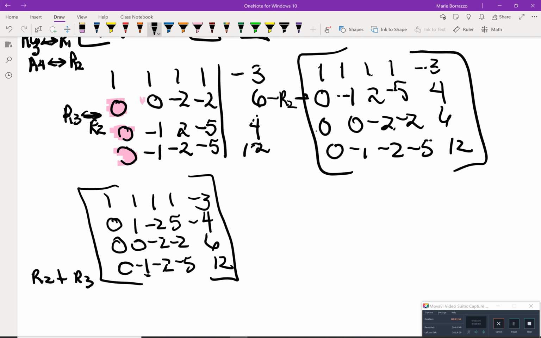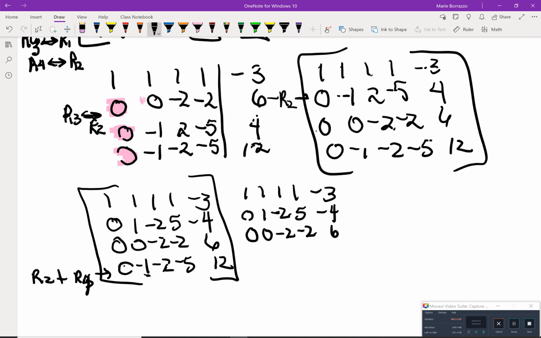Okay, so that means my new matrix becomes 1, 1, 1, 1, negative 3, 0, 1, 2, 5, negative 4, 0, 0, negative 2, 6. And then my new row is now going to be the addition of this for row 4. I'm sorry, I put row 3, I meant row 4.